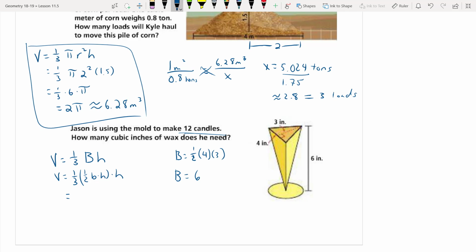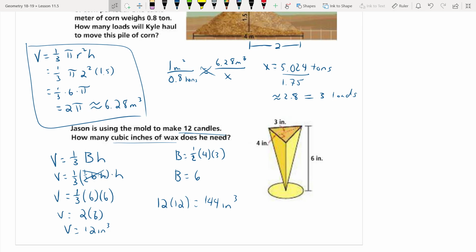So instead of having to do all this messy stuff, we can just have it be 1/3 times 6 times our height of 6 there. And 1/3 of 6 we already said was 2. So you have 2 times 6. So our volume of one candle is going to be 12 cubic inches. And they want to know how many cubic inches of wax he needs to make 12 candles. So we're going to do 12 times 12, which is 144 cubic inches of wax.